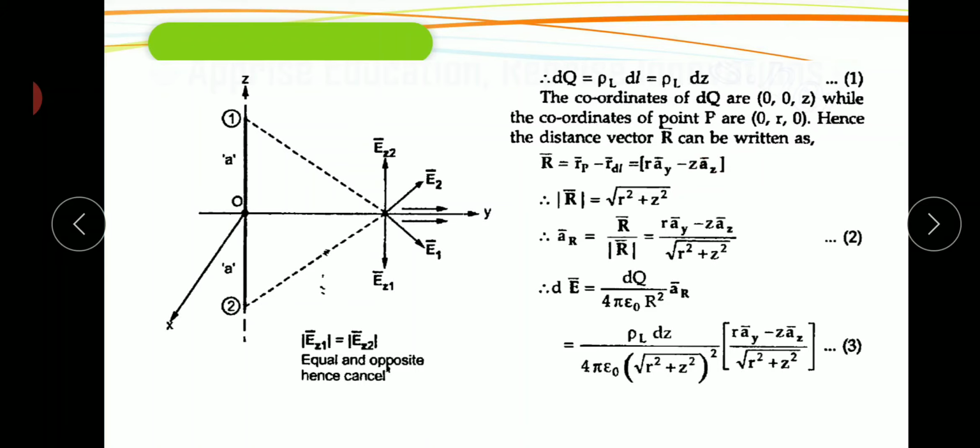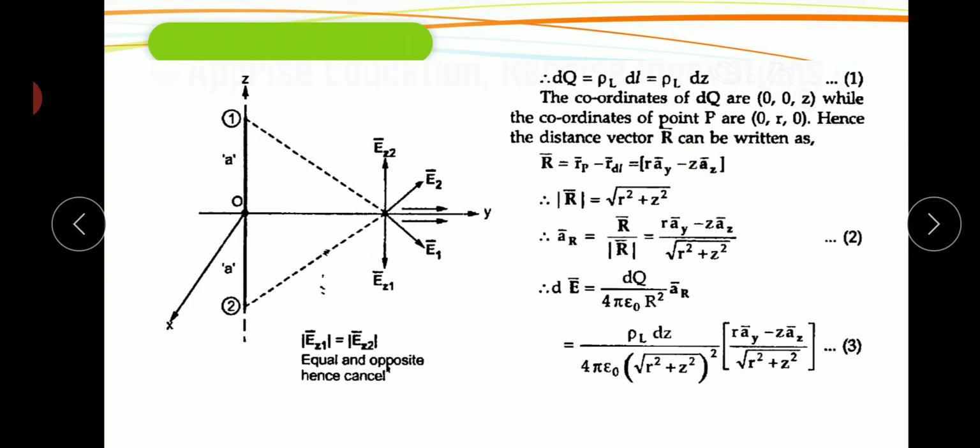This distance vector clearly shows it has no elements along x axis. For example, the line charge is along z axis, that's why here z az bar, and the point is along y axis at a distance r from the origin. So simply this equation proves there is no element along x axis. So this expression is right. So distance vector r bar is equal to r ay bar minus z az bar.